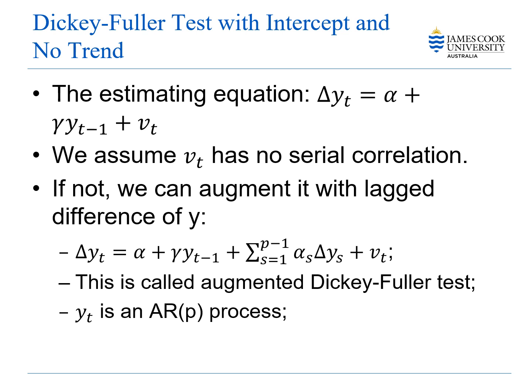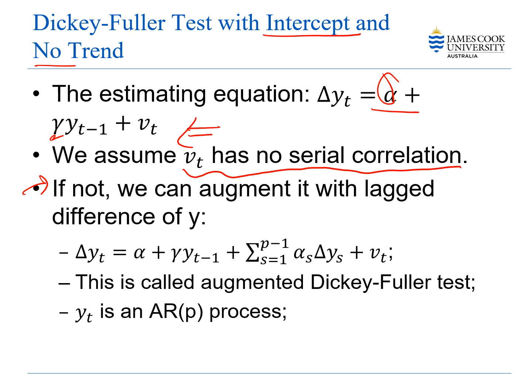Okay, we can also do the test with intercept and no trend. So like this, we are assuming that the estimating equation has intercept and no trend. And here, when we estimate this equation, we assume vt has no serial correlation. If not, remember we are in the time series framework, so autocorrelation, serial correlation is not uncommon.